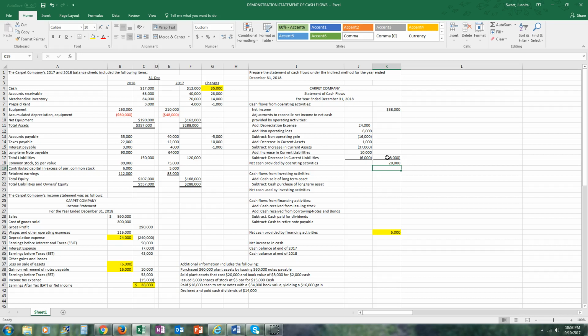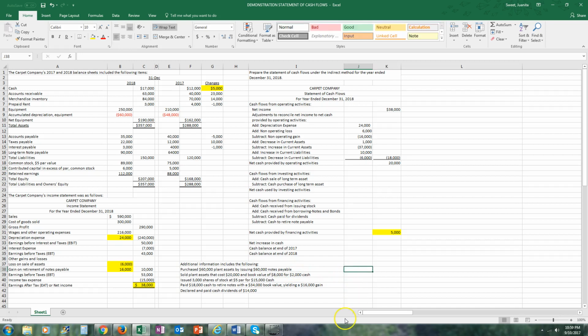At this point, we could really pull apart the balance sheet to find out why the long-term assets, the long-term liabilities, and the equity changed. Or we have additional information provided. So the first item we see is that we purchased plant assets for $60,000 by issuing a $60,000 notes payable.